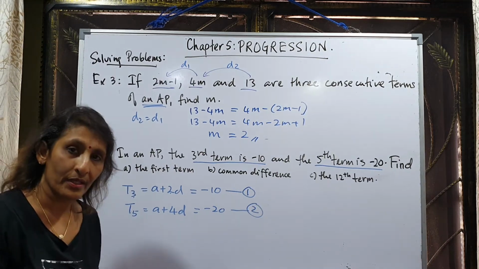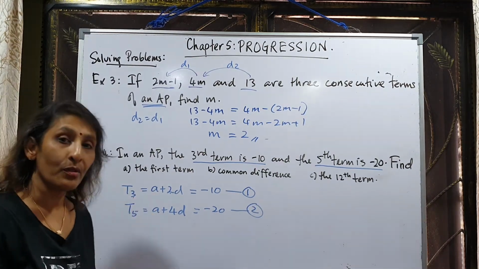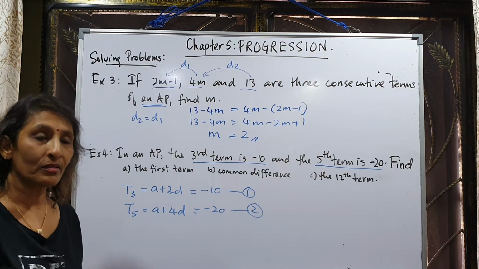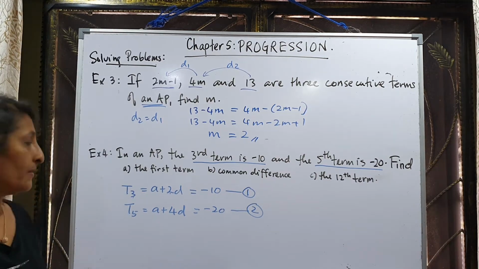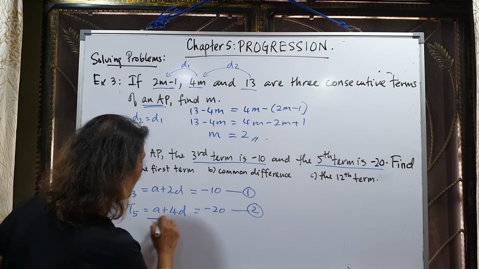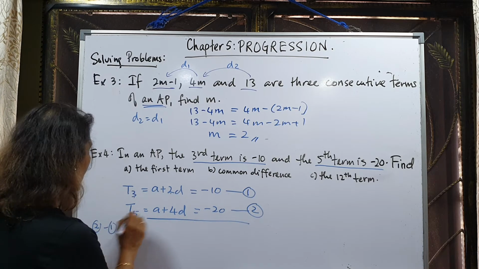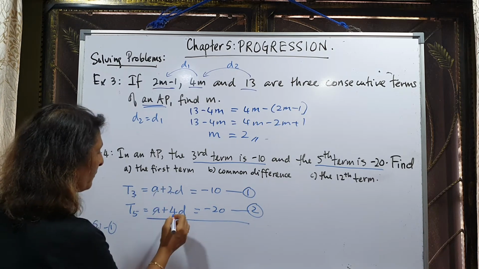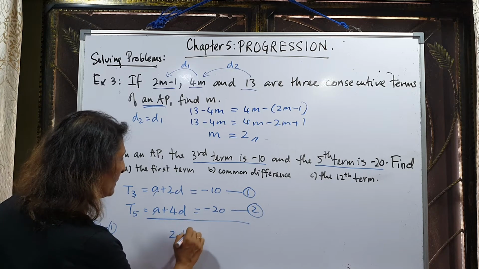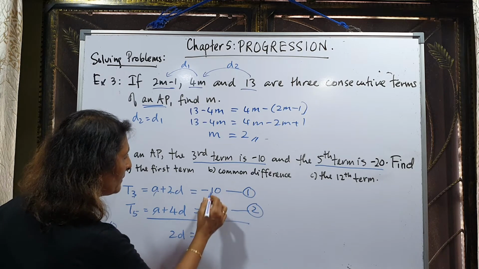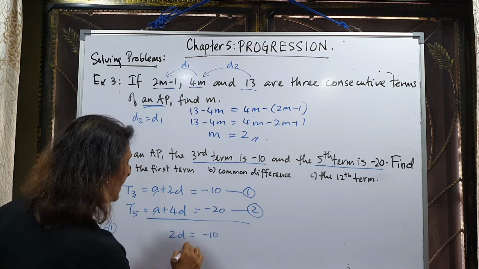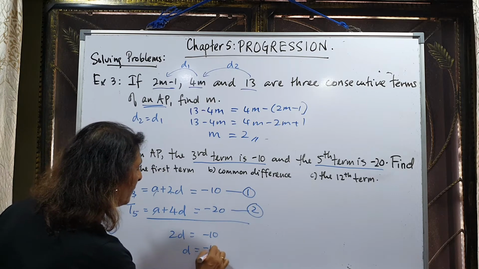We have two equations and we have to find two unknowns. Therefore, we should solve them simultaneously. Okay, maybe you can do equation 2 minus equation 1. So the a will cancel off. Then you are left with 2d is equal to this minus that, which becomes minus 10. And from here you can find your d.